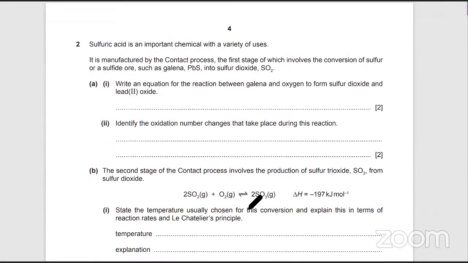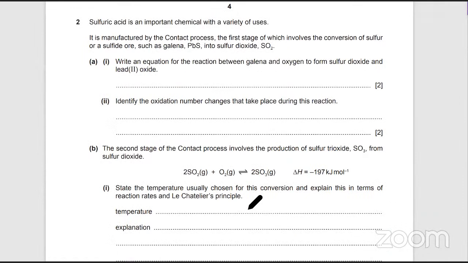अच्छा, मोल्स का कोई क्वेश्चन यहाँ पे आ रहा है कि नहीं आ रहा? Write an equation for the reaction of galena and oxygen to form sulfur dioxide and lead 2 oxide. तो वो कह रहे हैं कि it is manufactured by the contact process.